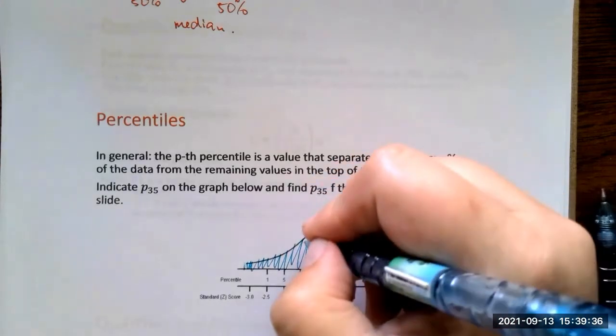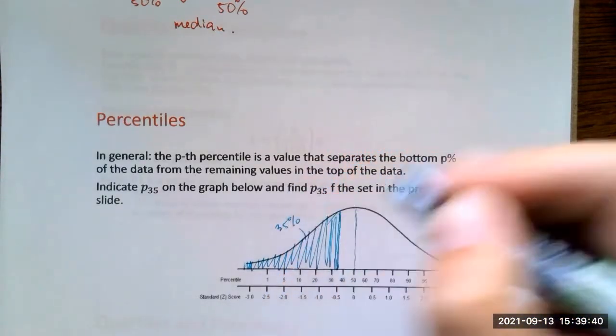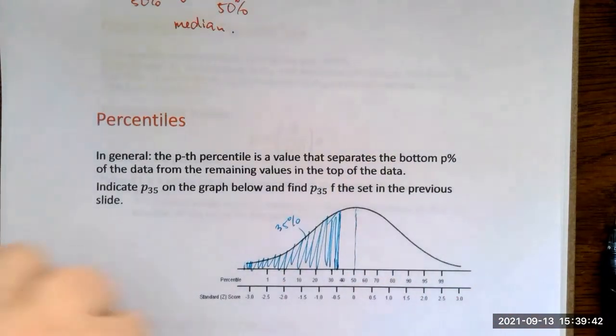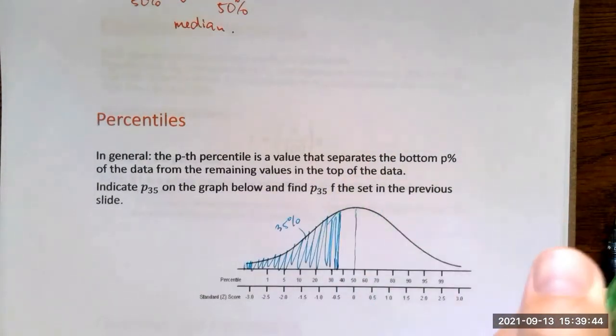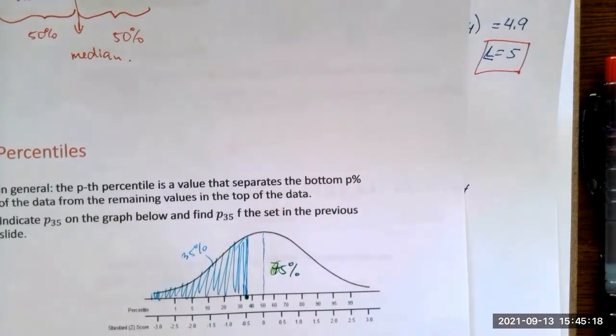Basically, this is our 35% of data, and the rest on the right side is 65%. And we call this value right here that separates the bottom 35% the 35th percentile.